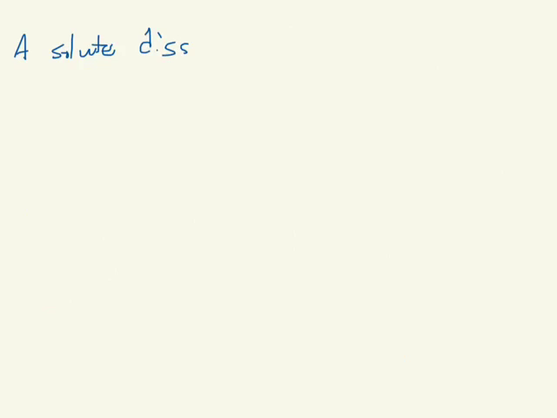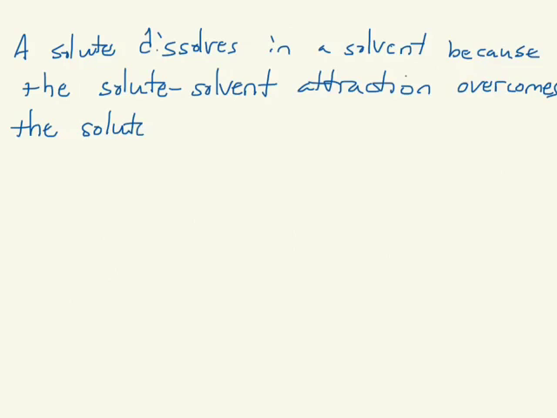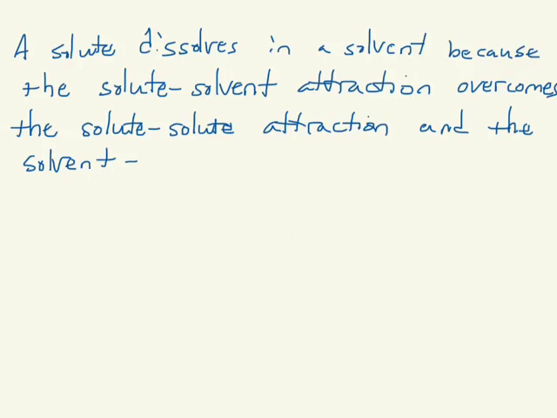A solute dissolves in a solvent because the interaction between the solute and the solvent, that attraction, overcomes the attraction that's keeping the solute together, and it also overcomes the solvent-solvent attraction. It overcomes both.